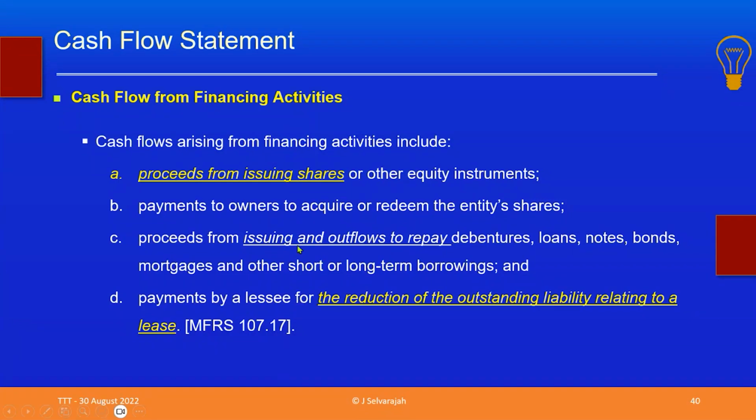So, proceeds from issuing, and outflows to repay, debentures, loans, notes, bonds, mortgages, and other borrowings. In other words, when you repay any borrowings, any kind of loans, term loans, bonds, or notes. Notes are normally called, in real life practice, medium-term notes, MTN.